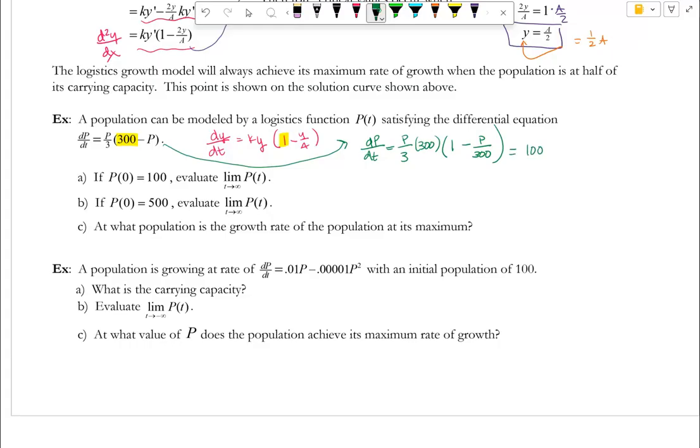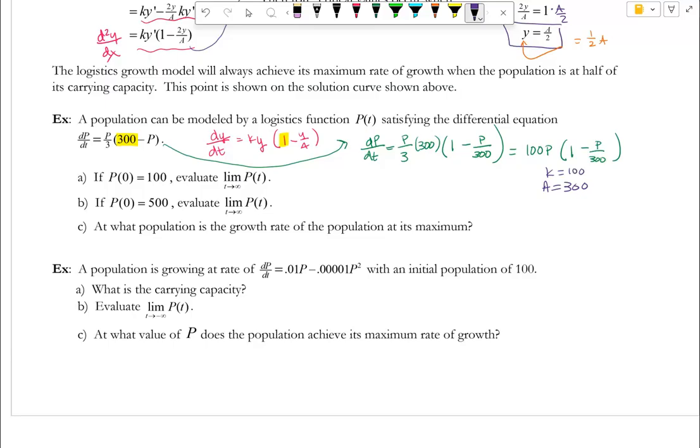That's really just 100P times 1 minus P divided by 300. All right, so this is our dP/dt in a form where we could figure out our carrying capacity. So A, our carrying capacity, is 300, and we could tell what our constant growth rate is. K is equal to 100.